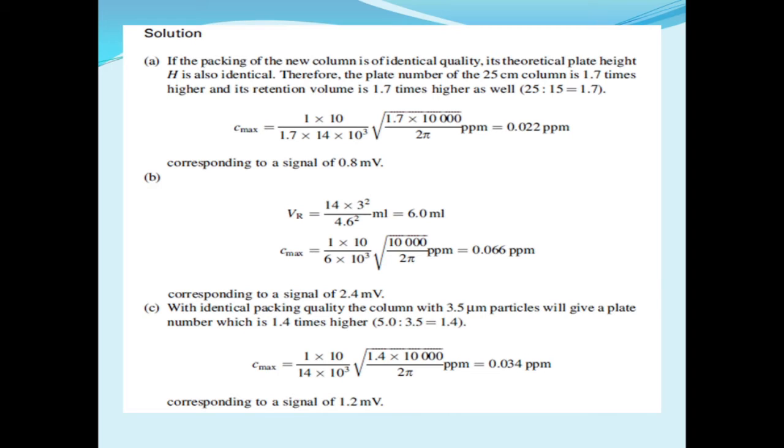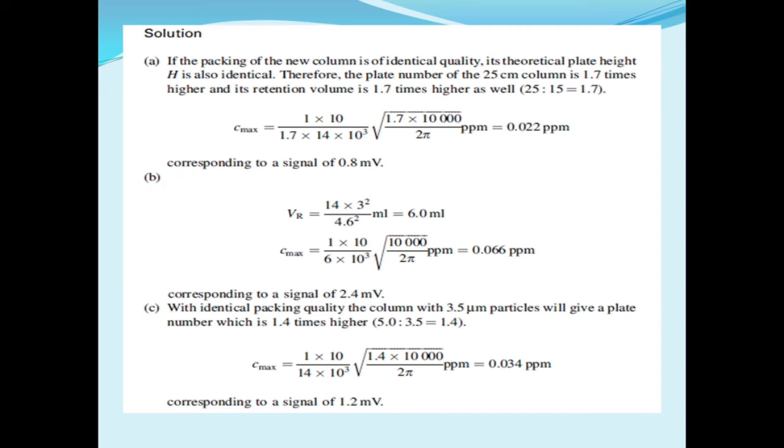A longer column gives a lower maximum concentration, because VR, the retention volume, as well as capital N, the number of theoretical plates in the column, is proportional to column length Lc.